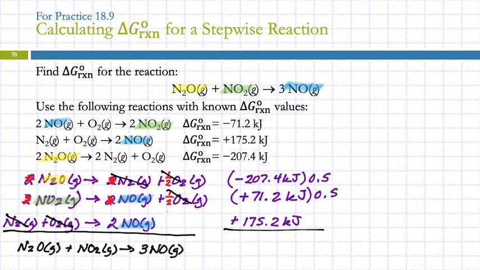So then I need to add these up also. So 0.5 times negative 207.4 plus 0.5 times 71.2 plus 175.2, 107.1.